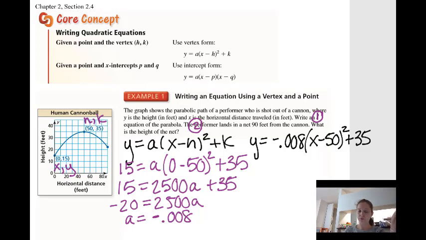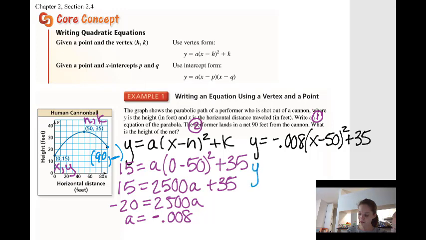2, the performer lands in a net 90 feet from the cannon. What is the height of the net? So 90 feet from the cannon is our x value. Okay, let's switch colors. So 90 feet. What is the y value? Well, we have an equation now, and we can plug in an x value of 90 and figure out the y value.